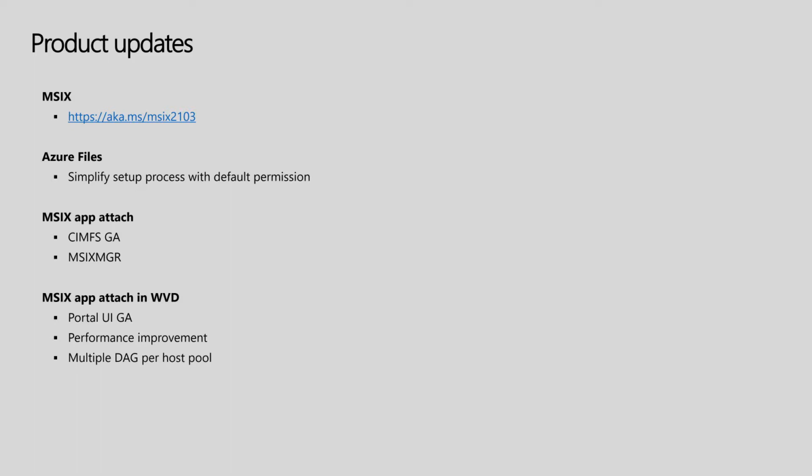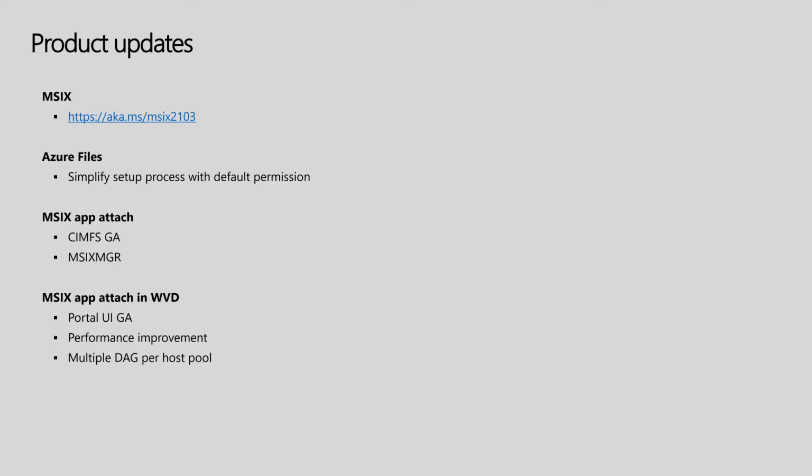We also saw some of the challenges with Azure Files. There are certain improvements that the Azure Files team is looking at to simplify the process, primarily of setting up certain default permissions that can make the whole experience much easier.